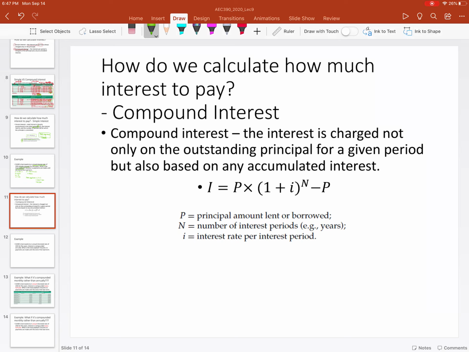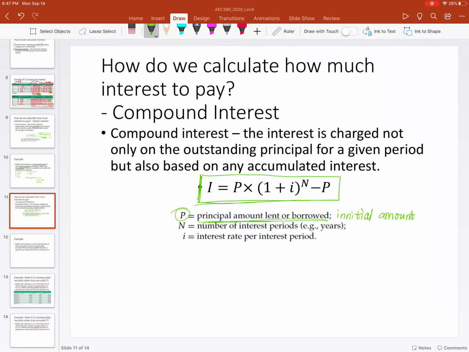Okay, so this is the equation. I is P times 1 plus lowercase i to the power of n, minus the P. Still, the P is the principal amount lent or borrowed, so that's the initial amount.